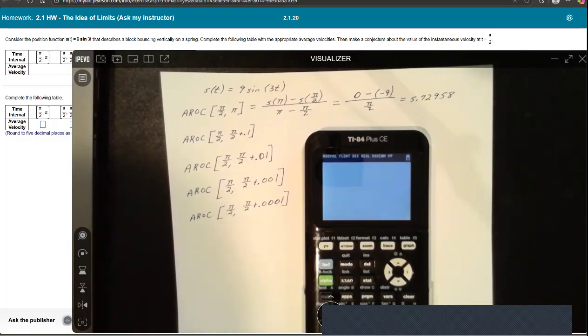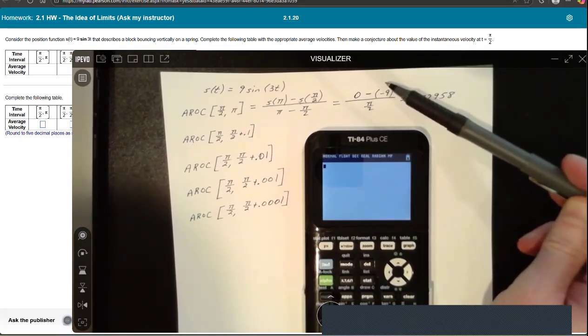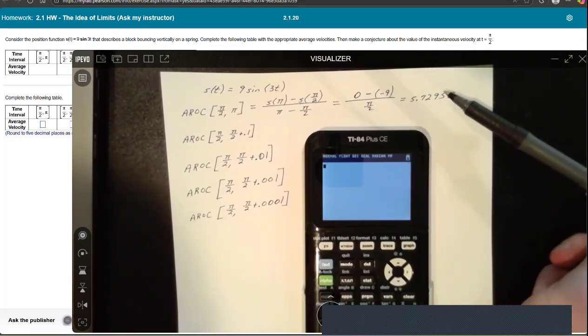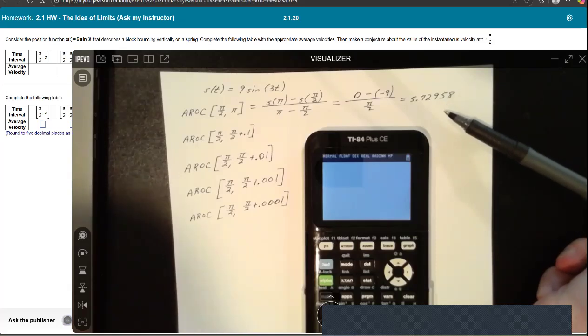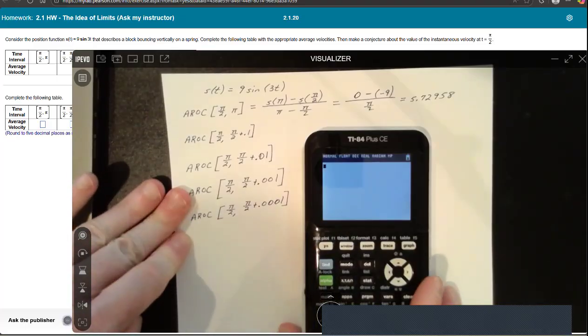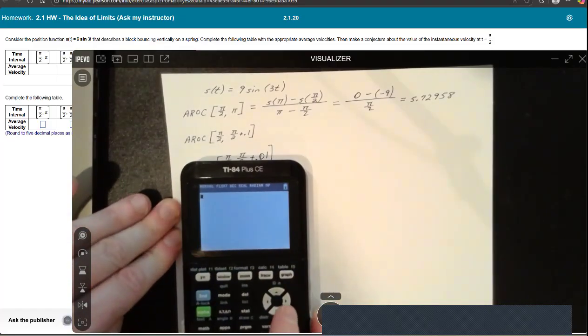Well, the sine of 3 pi over 2 is negative 1. When we multiply that by 9, we get negative 9. So I get 0 minus a negative 9, which is positive 9, divided by pi over 2. And I put my answer to 5 decimal places. I've left the rest in there so I can show that on my calculator for the next few steps.